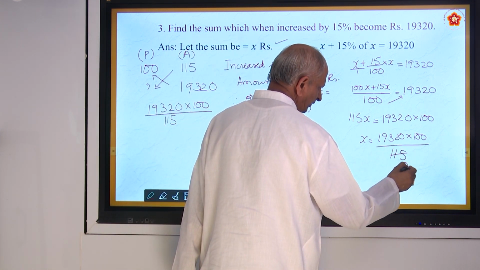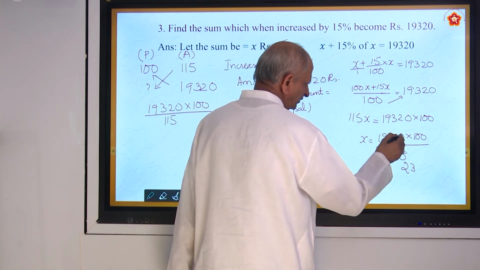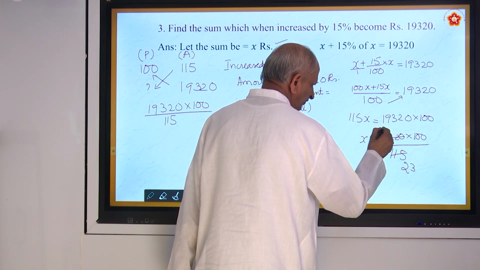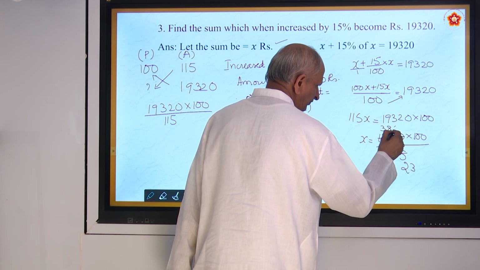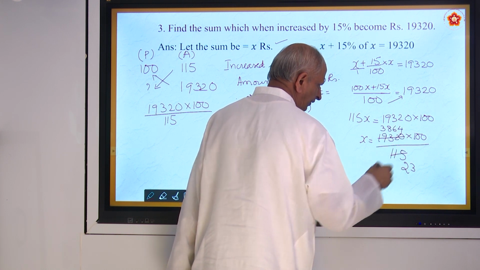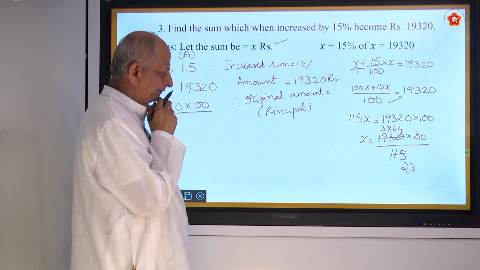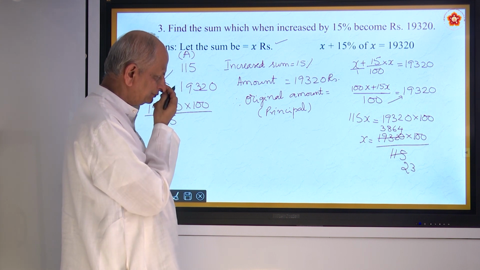Say 20, 5 2s are 10, 15, 5 3s are 15, no? And if you cancel here, 5 3s are 15, 43, 5 8s are 40, 32, 5 6s are... So 3864 into 100 by 23.